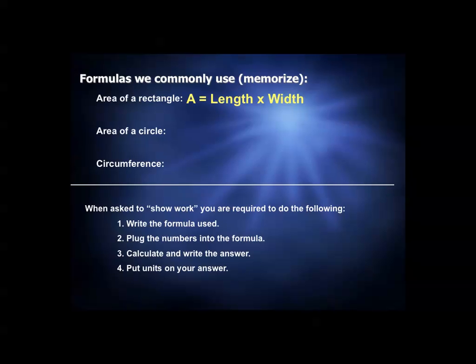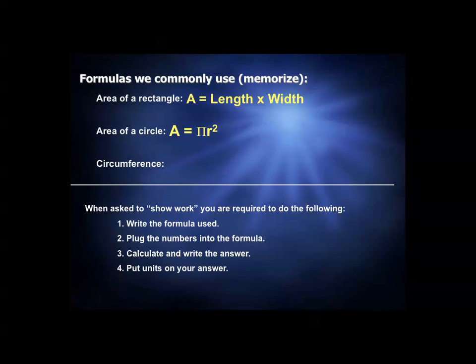How about the area of a circle? Is this one you used before? Yes. Pi r squared. What does squared mean? Times itself, not times 2. This is what people sometimes want to do.